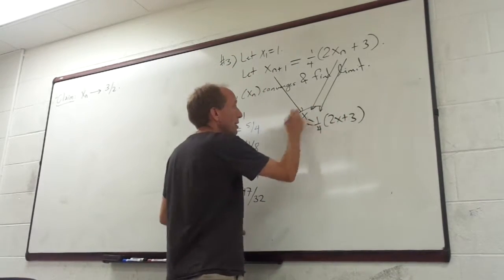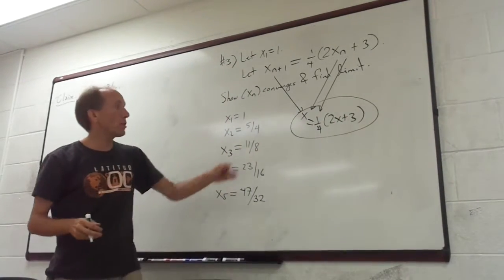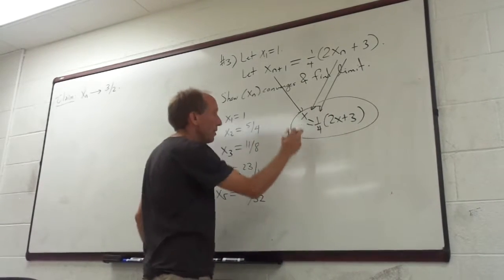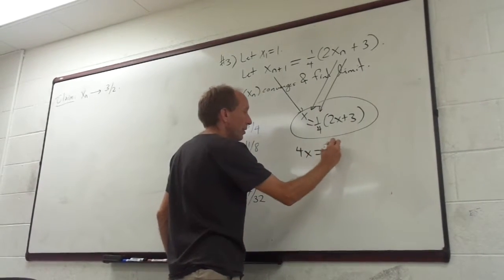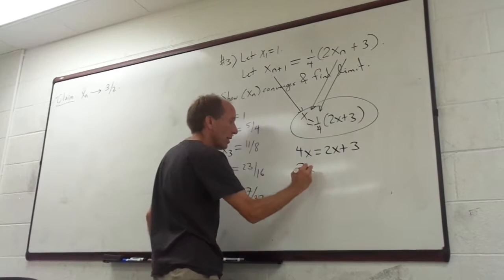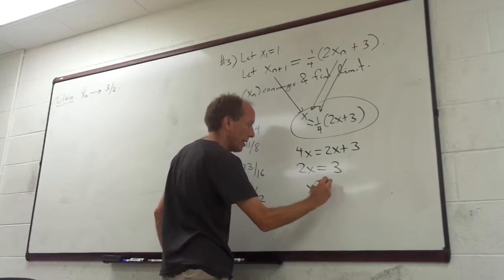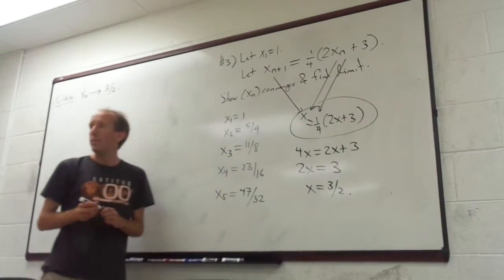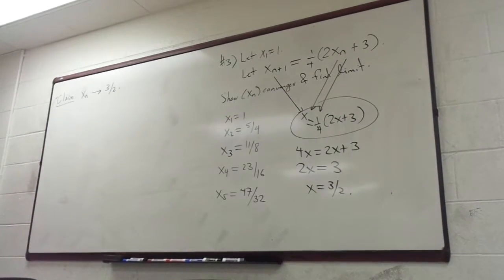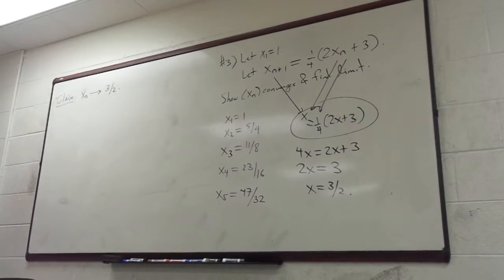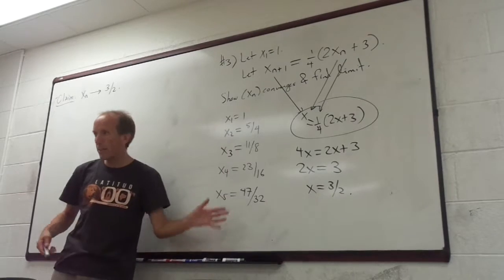So in other words, these have to be equal. So you can just do that and then say, if I multiply through by 4, then subtract 2x over and then solve for x, you're going to get 3 halves, right? So you could figure that out that way if you didn't see what's going on with these numbers.